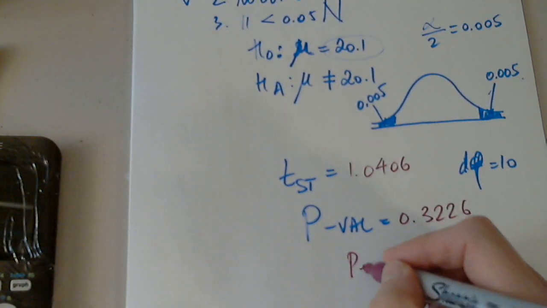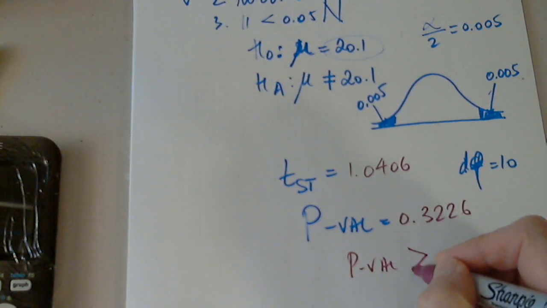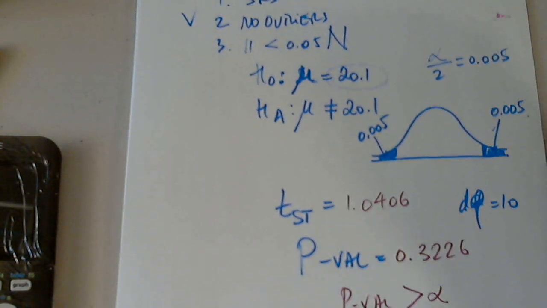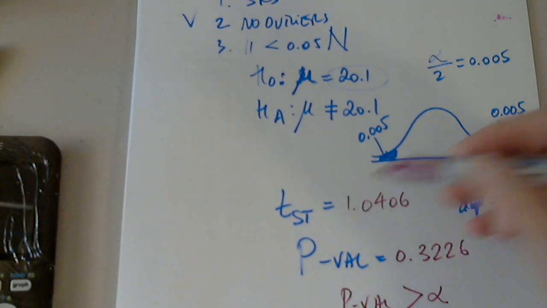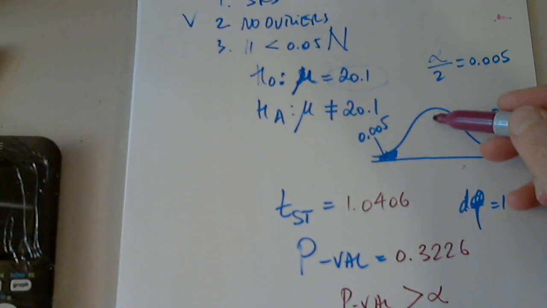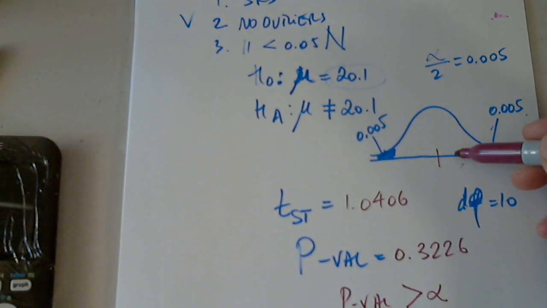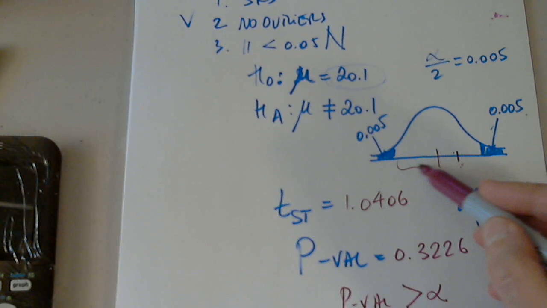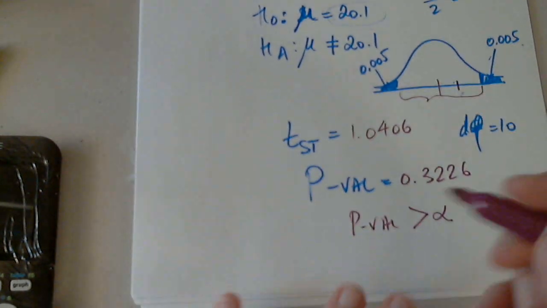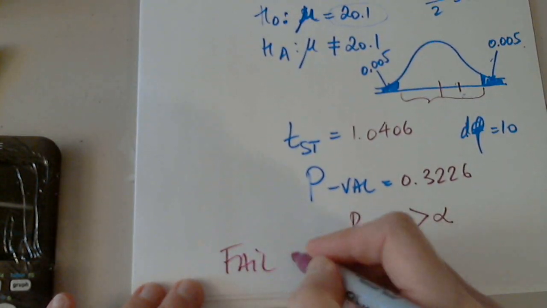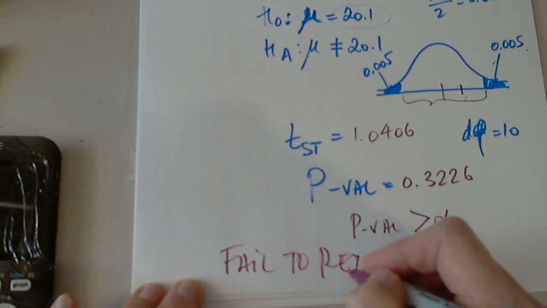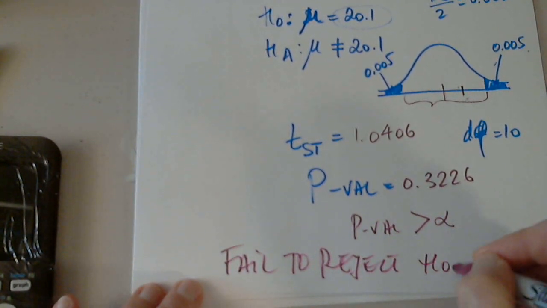So 0.3226, the p-value is greater than alpha, which means the test statistic falls to the right of 0, somewhere here. So it's in the non-rejection region. So we have to say we failed to reject the null hypothesis.